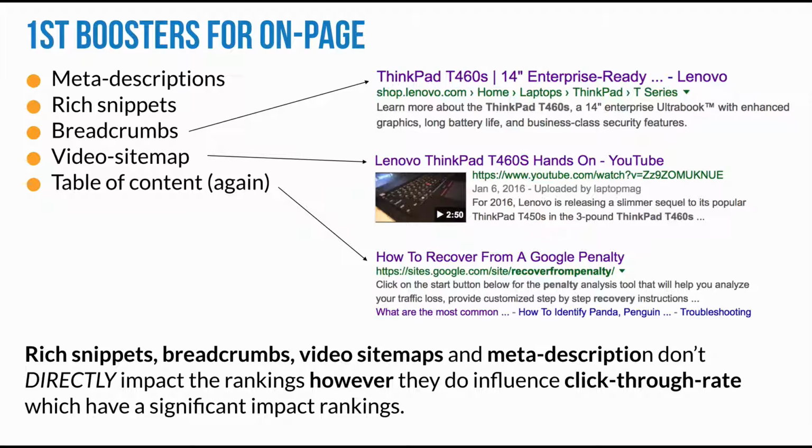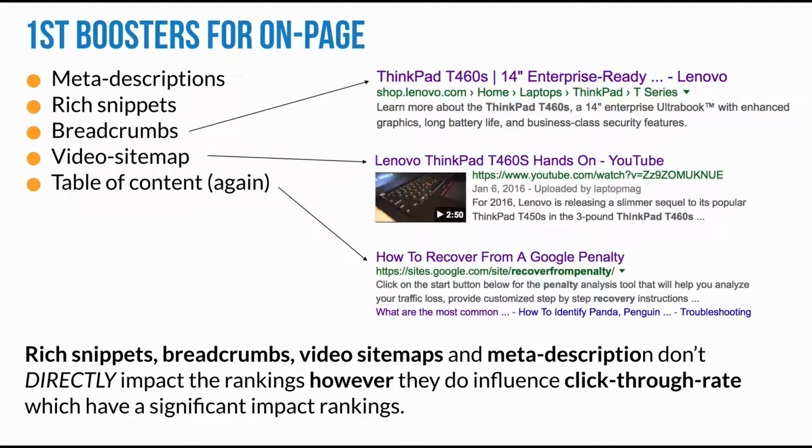If you are hosting a lot of videos, this is really finicky. Sometimes it works, sometimes it doesn't, but a video sitemap will allow you to have a thumbnail sometimes of the video, and if you could get a thumbnail of the video, it increases click-through rate tremendously. The next and final thing is table of content. So the table of content, what that does is you can see at the bottom it shows you the categories of the table of content.